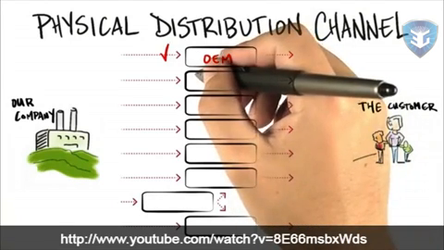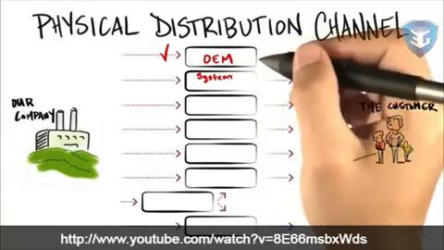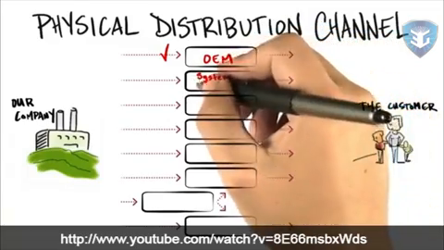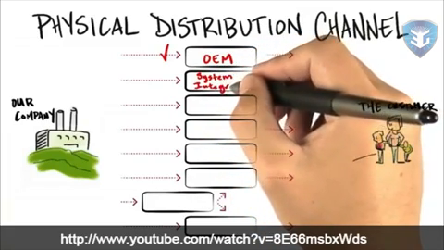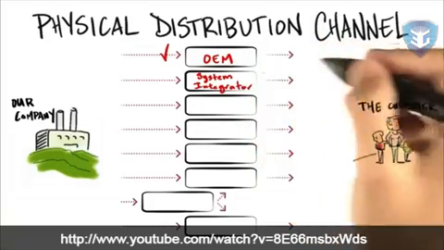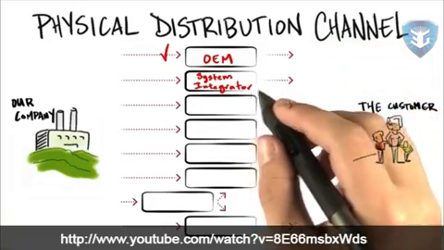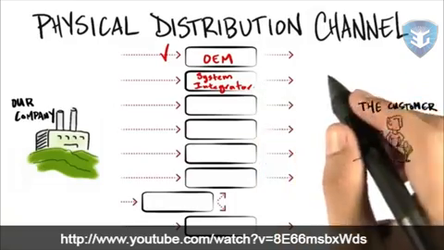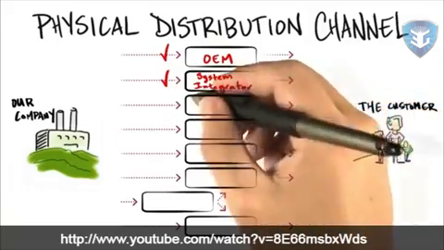So for a system integrator, you might be selling to a company, let's say you're Cisco, but you're selling to somebody who's building an entire telephone switching network. And this system integrator would take your component, your switches and routers, and actually build out a system that includes devices from other companies, and they add some value-added software and additional hardware and create an entire system for an end user.